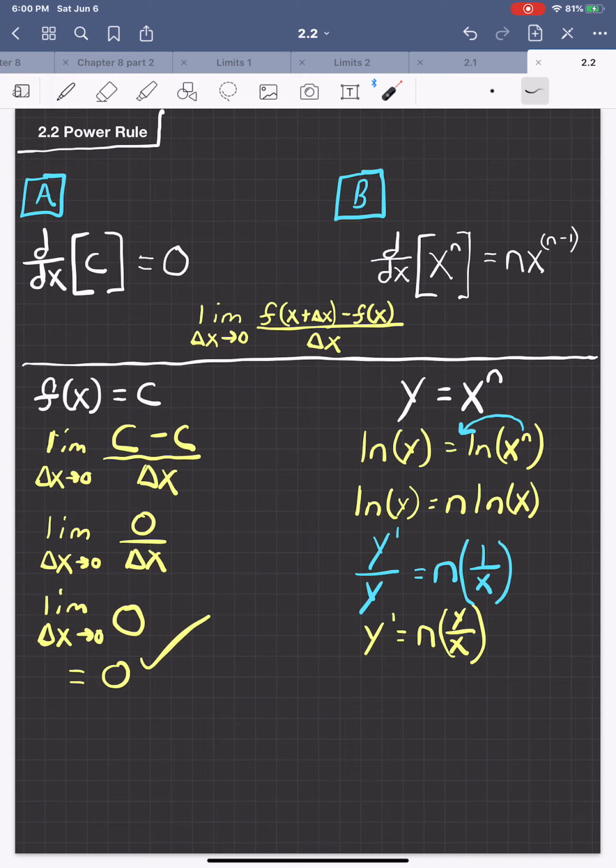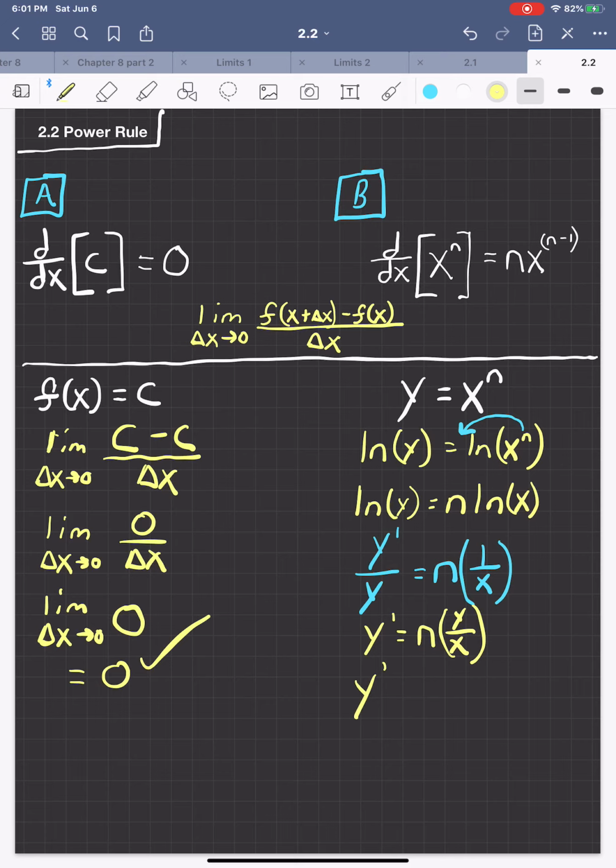Because I think you'll agree with me, this does not look like the power rule yet. But here's the good news. We know that y is defined as x to the power of n. Wherever I see an x to the power of n, I could substitute a y, and wherever I see a y, I could substitute an x to the power of n, because we've defined them to be equal.